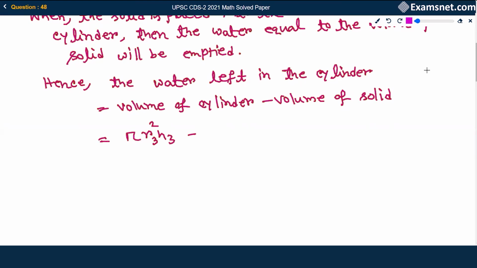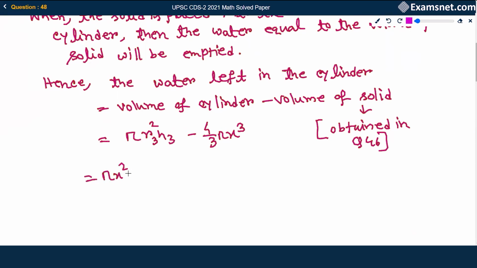We have already found the volume of the solid, which is a sphere of radius x, so 4/3 pi x cube. It was obtained in question number 46. Okay, remember that. Now we put all these things in: pi x square 3x minus 4/3 pi x cube.